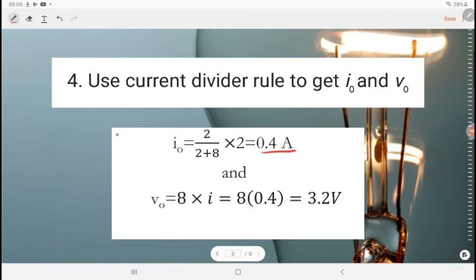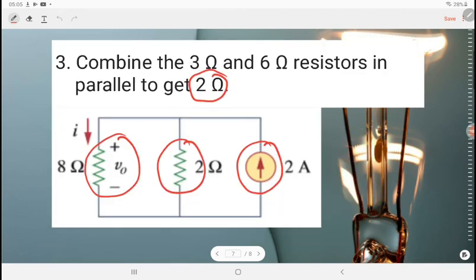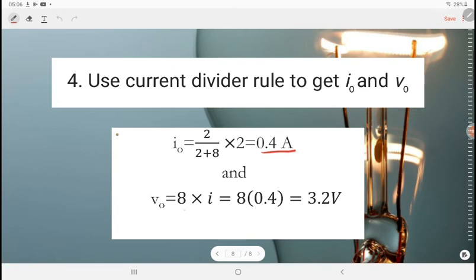By knowing the value of I naught, using Ohm's law we can find the value of V naught, which is 8 times I naught, which is 8 times 0.4 equals 3.2 volts.